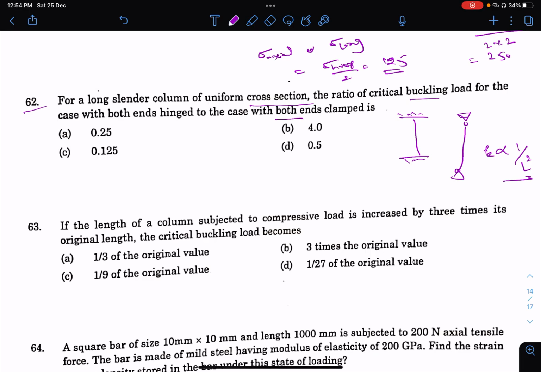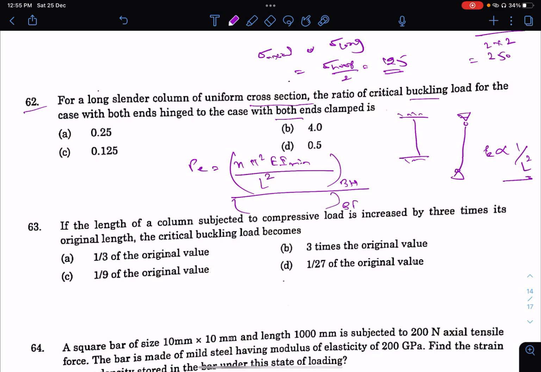So the critical load formula is N into pi squared EI minimum upon L squared. So this is for both the ends hinged upon the same with both the ends fixed.